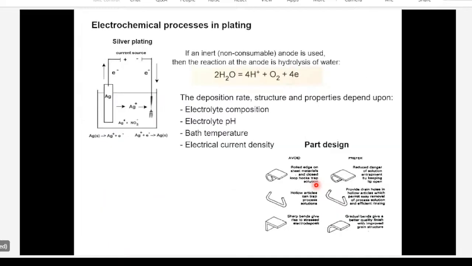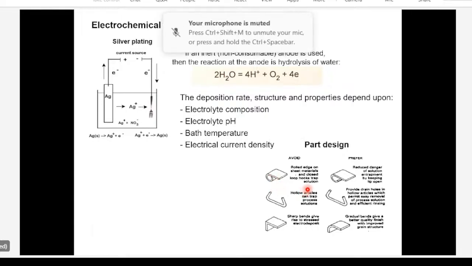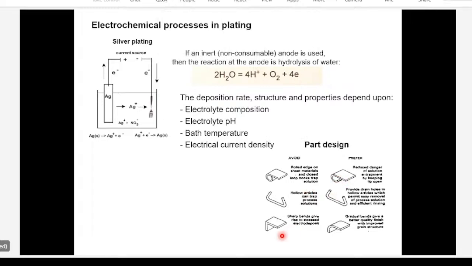We'll not get into the chemistry here, but some practical things about part design. If you're trying to electroplate a part like this with a curved surface here, then you want to open up the lip here. You don't want the electrolyte to be trapped in this corner, and that would serve as a corroded area down the road. So we want to remove all electrolyte from getting trapped.